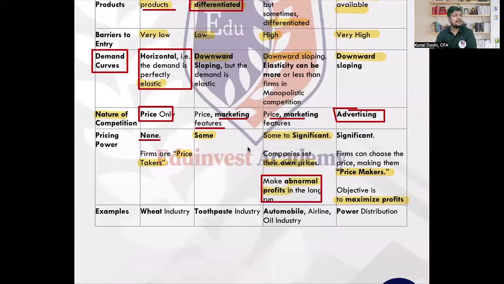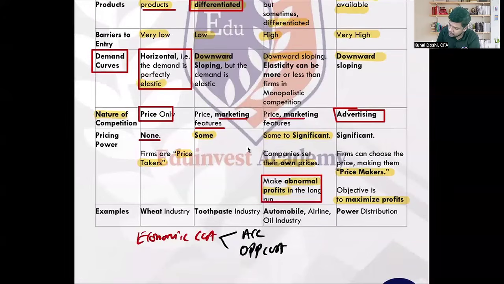Now, first of all, when I say abnormal profit in economics, what is abnormal profit? In economics, we have economic cost. Economic cost includes your accounting cost plus opportunity cost. Understood? So from the total revenue, when I subtract my economic cost, I get my economic profit.